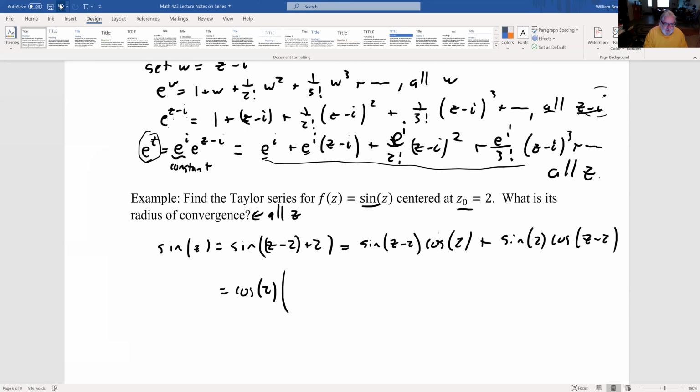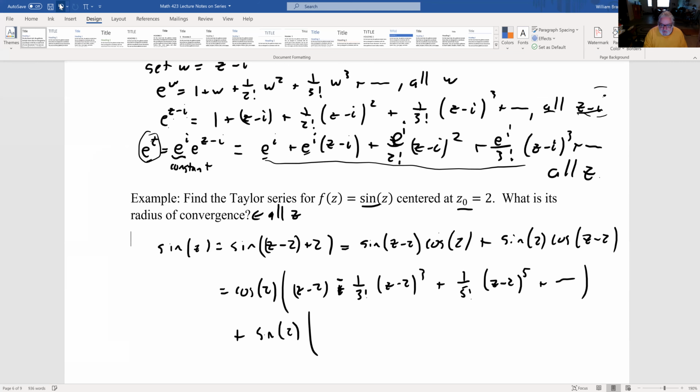That's this term times z minus 2 plus 1 over 3 factorial z minus 2 cubed minus plus 1 over 5 factorial z minus 2 to the 5th, plus dot dot dot, plus sine of 2 times the series for cosine, but with z minus 2 plugged in: 1 minus 1 over 2 factorial z minus 2 squared plus 1 over 4 factorial z minus 2 to the 4th plus dot dot dot.